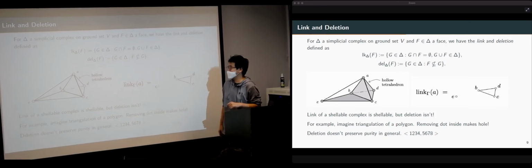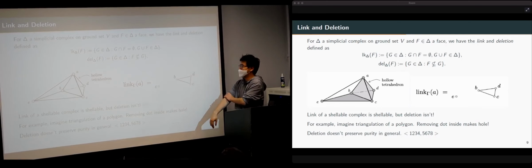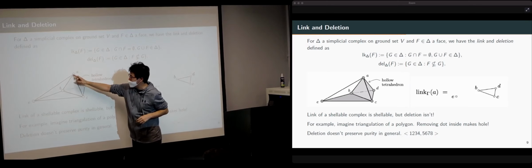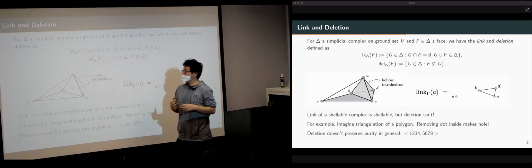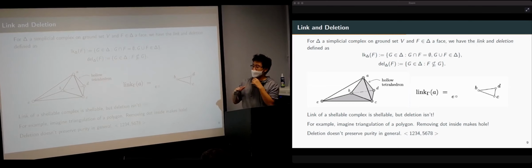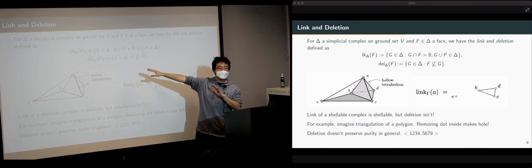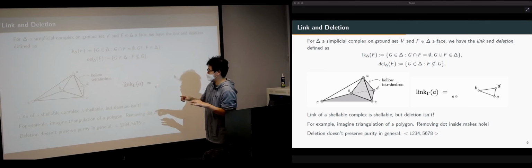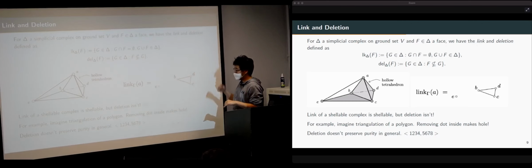Well, at least. And we have a hollow tetrahedron here for ABCD, meaning that you have the boundary of the tetrahedron, but not the interior. So ABCD is not a face of your complex. Is that okay? So you have ABC, ACD, ABD, and BCD, but not ABCD.